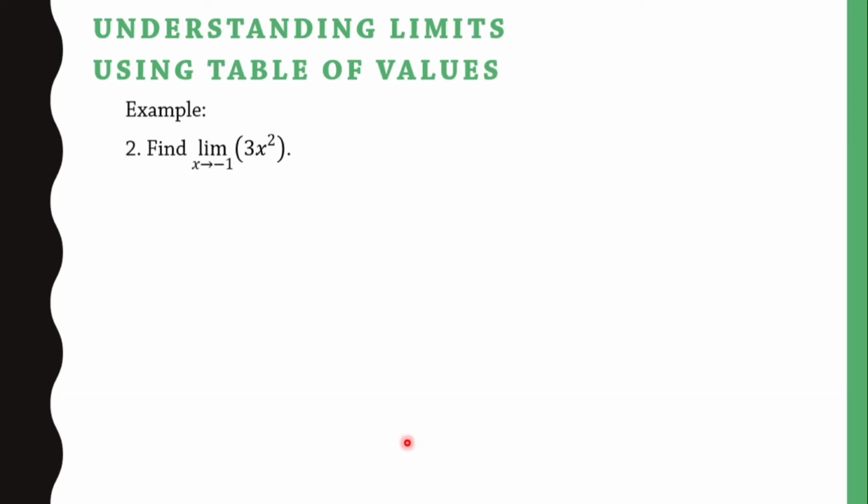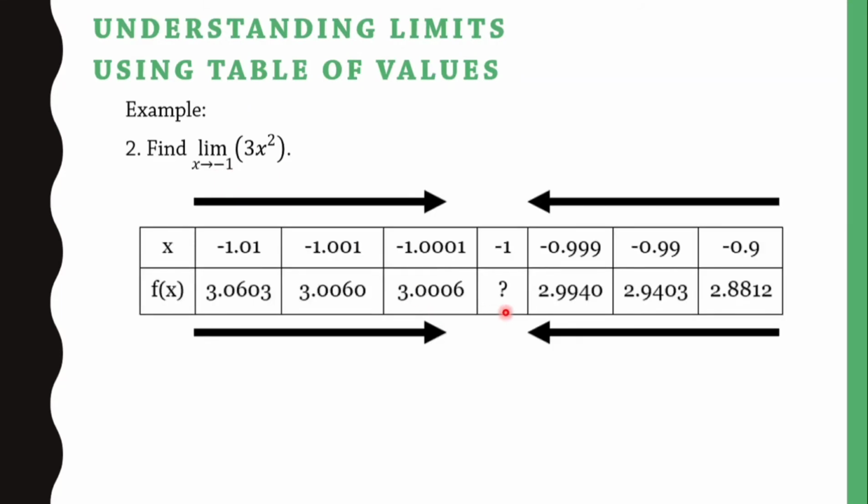Next example, we will find the limit of 3x squared as x approaches negative 1. Again, we have here our table of values. Let's examine. As the values of x get closer to negative 1 from the left, the values of f of x get closer and closer to what value here?